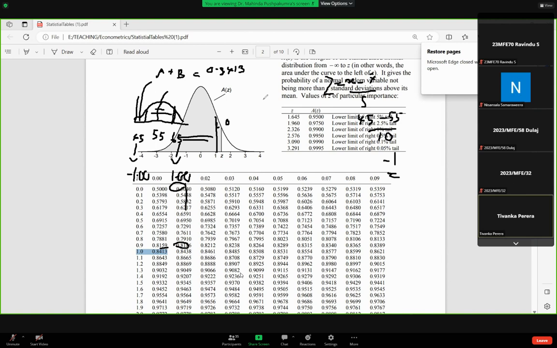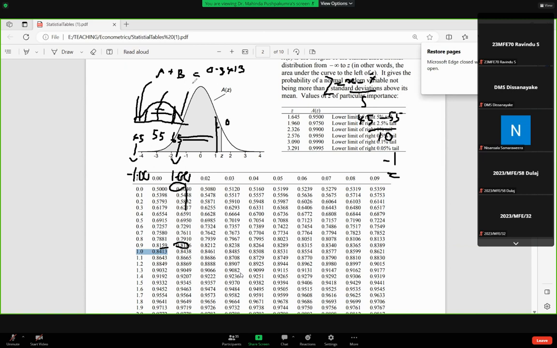Actually, we want to find only the area related to B. How to find area B?